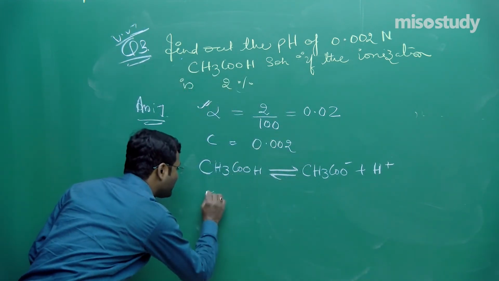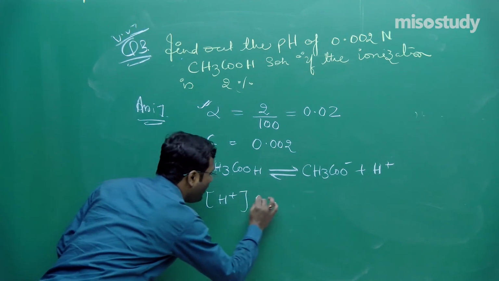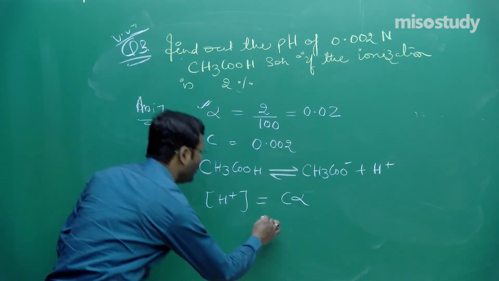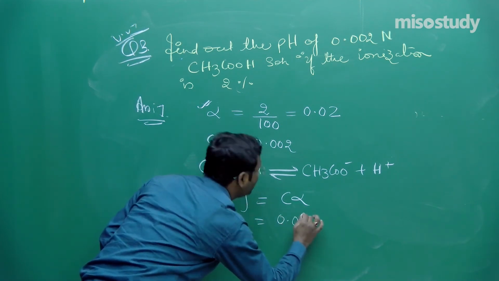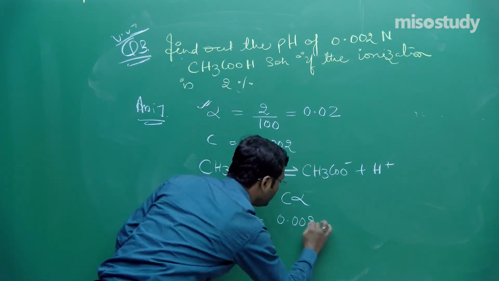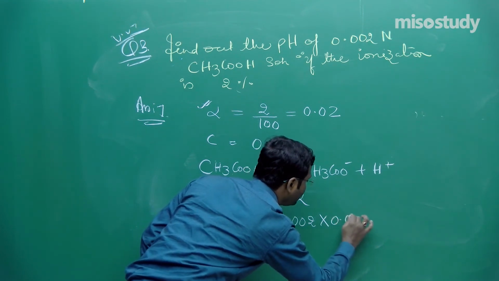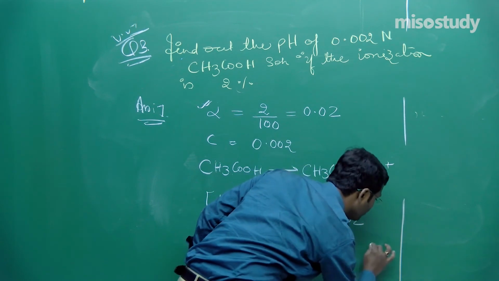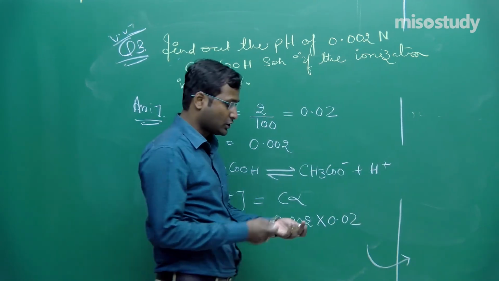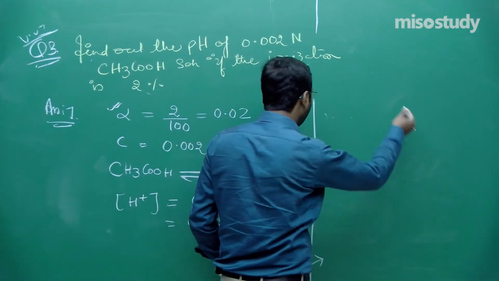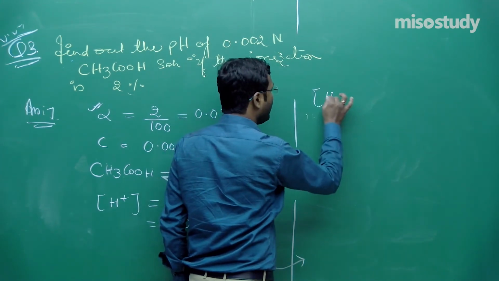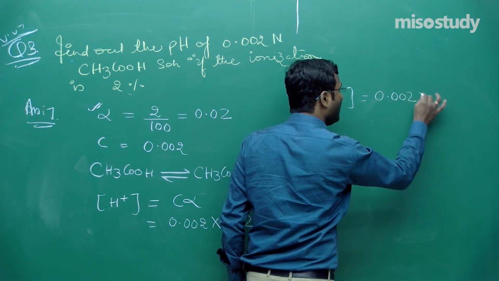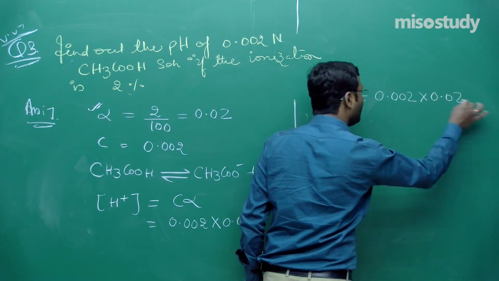So what about the H plus ion concentration? As we know, the concentration of H plus ion is C alpha. Put this value, C concentration is 0.002 and the value of alpha is 0.02. Now I am moving here and going to solve another part of the question. It's very simple. H plus will be equal to 0.002 multiply 0.02.